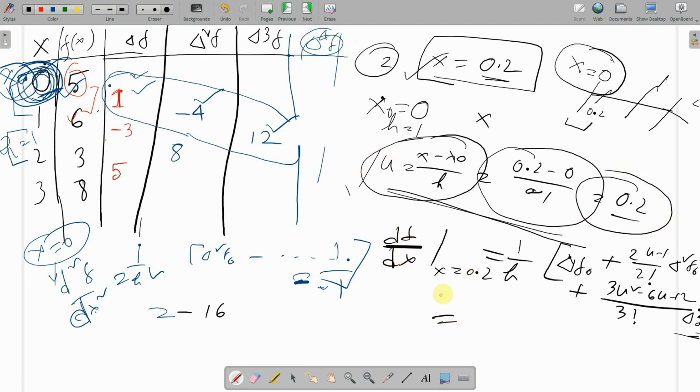Now do it. df dx at x equals 0.2 equals 1 by h, delta f0, plus (2u minus 1) by 2 factorial del square f0, plus (3u square minus 6u plus 2). Do this. Tell me, what is df dx?